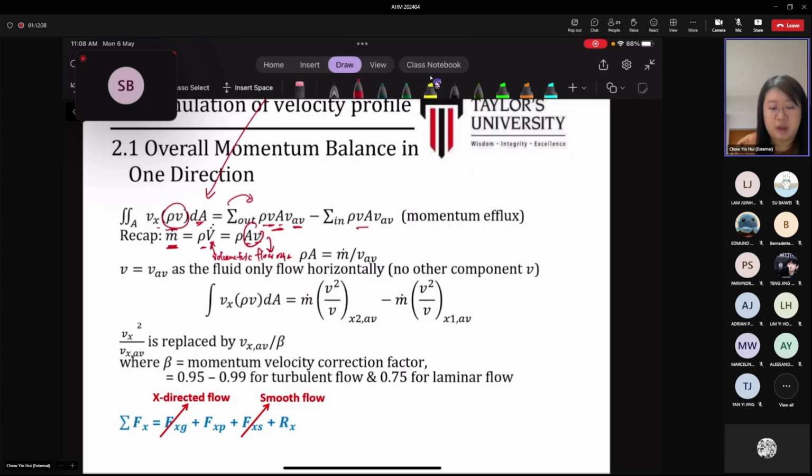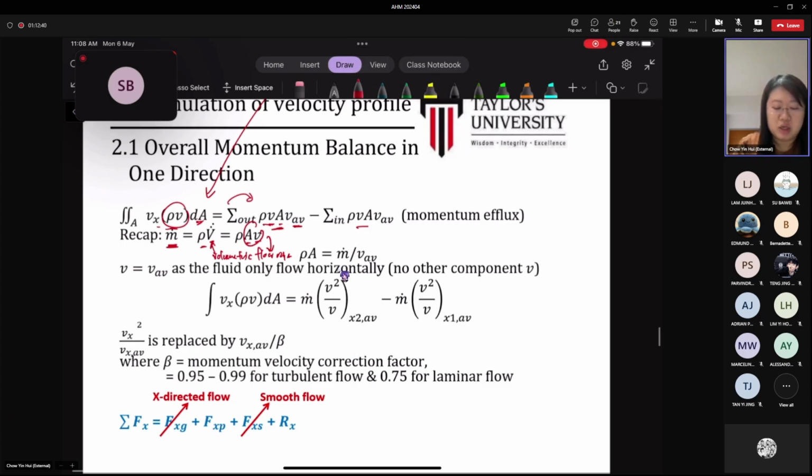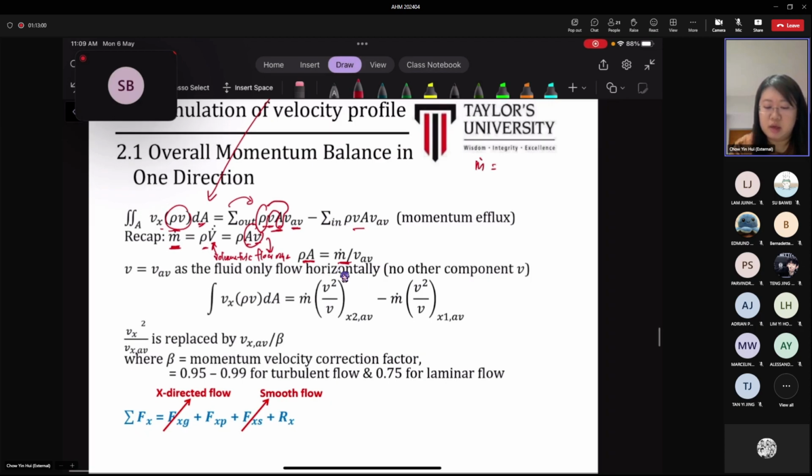Okay, so if we rearrange this, we can get an expression for this part of the equation, where the density multiplied to the cross-sectional area is equal to the mass flow rate divided by the average velocity, right? So mass flow rate is equal to rho A V, right?